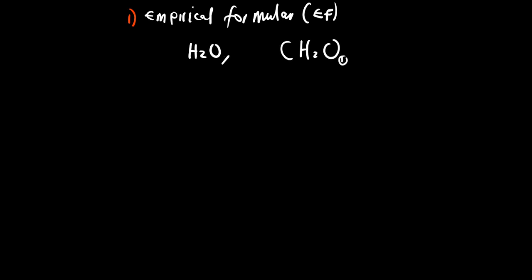It means that it was divided throughout by 6. You have seen? Divide 6 by 6, 12 by 6, 6 by 6. So they came to have CH2O. This is now the empirical formula. This was the molecular formula when it had those numbers. Have you seen the difference?